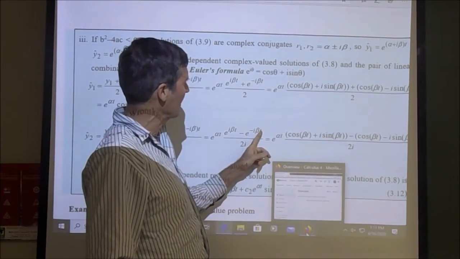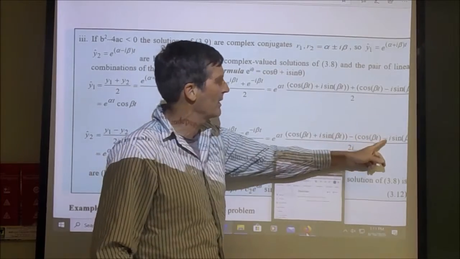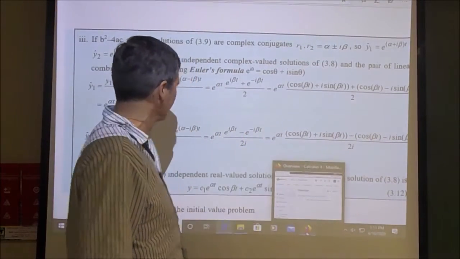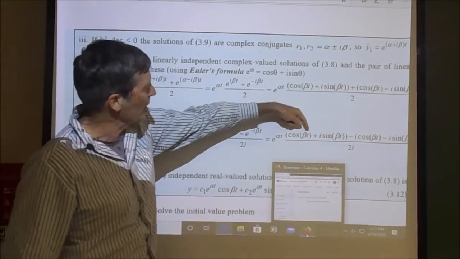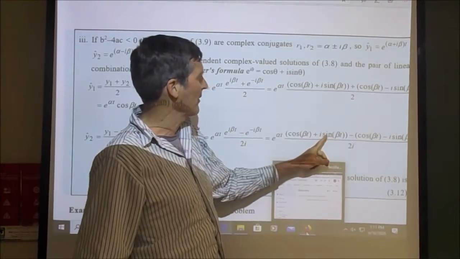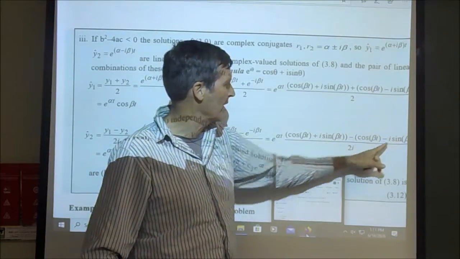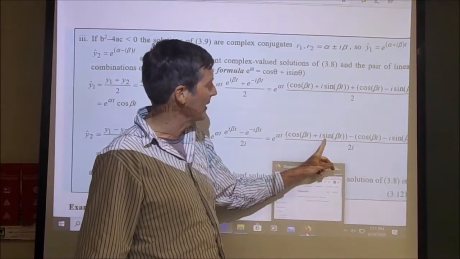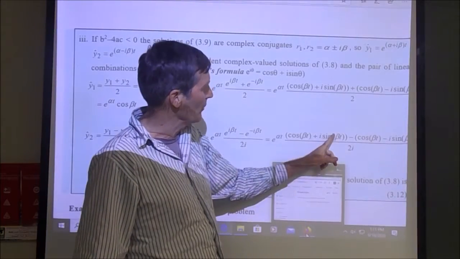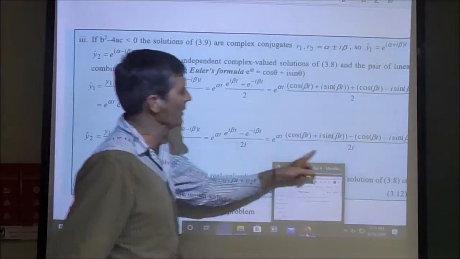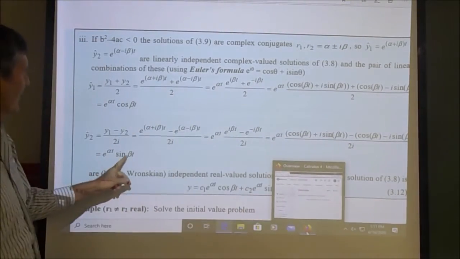E to the minus i beta t, recall, is cosine minus i sine. But this time we're going to subtract them and divide by 2i. When we subtract them, the cosines cancel, and we've got i sine beta t plus another i sine beta t, which is 2i sine beta t, over 2i gives sine beta t. So we got e to the alpha t times, by a little algebra, just sine beta t.